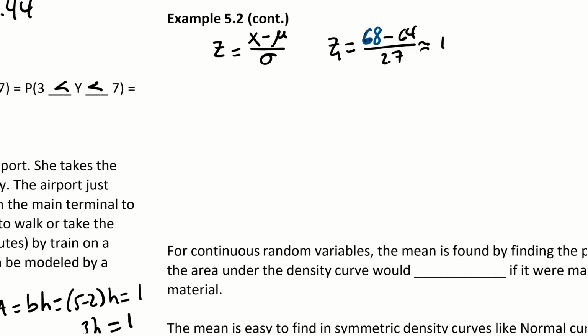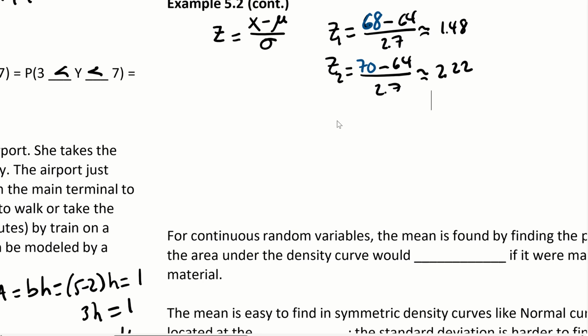So this is about 1.48. And then we calculate z2. The other height was 70 inches, minus 64, divided by 2.7. So you get 2.22.